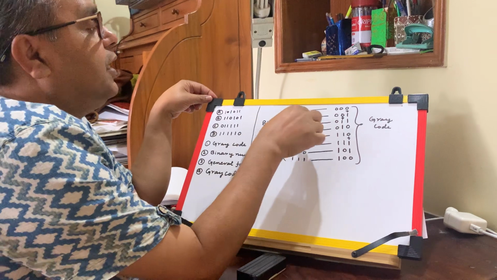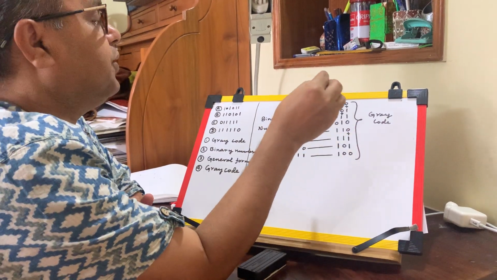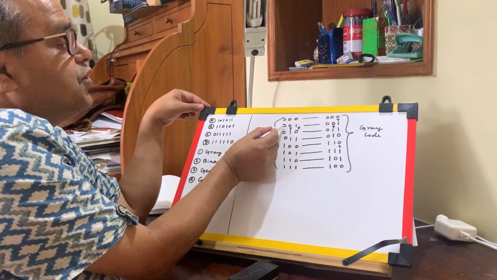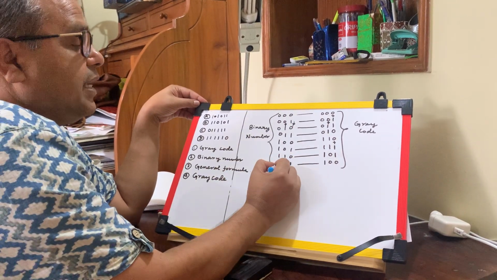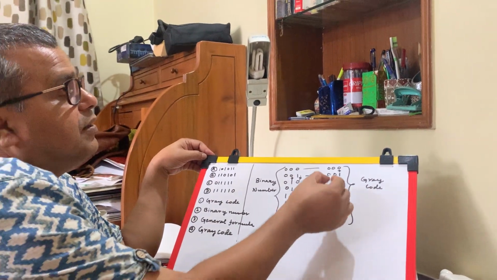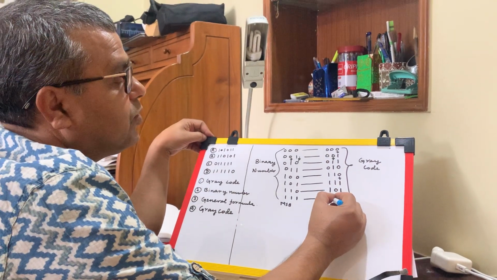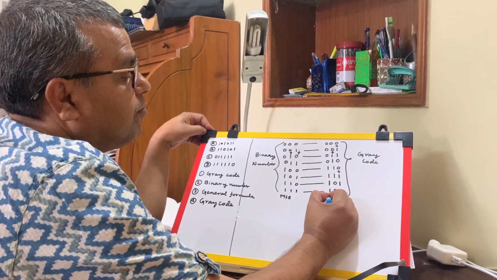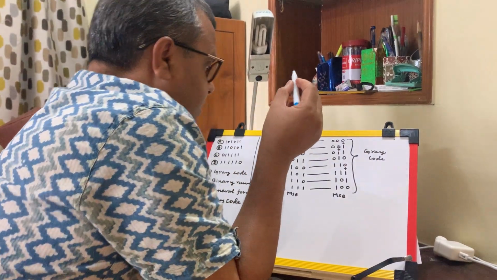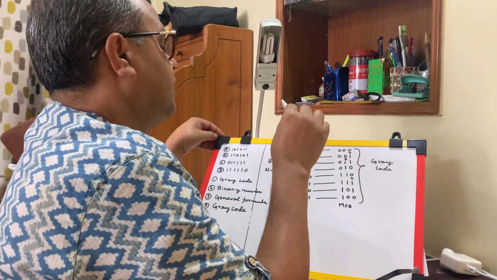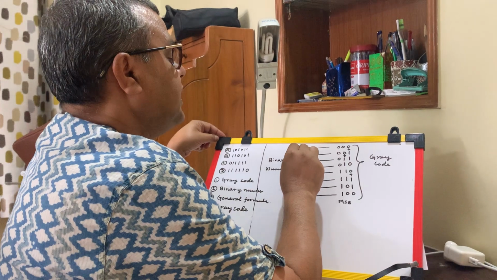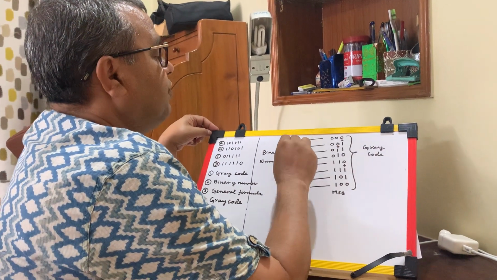Now let's look at the relationship between the binary number and the gray code. Let's call this the MSB of binary, and if you look at the MSB of the gray code, they are the same for any number. But if we look at this number, you can see that it is the XOR of these two bits.